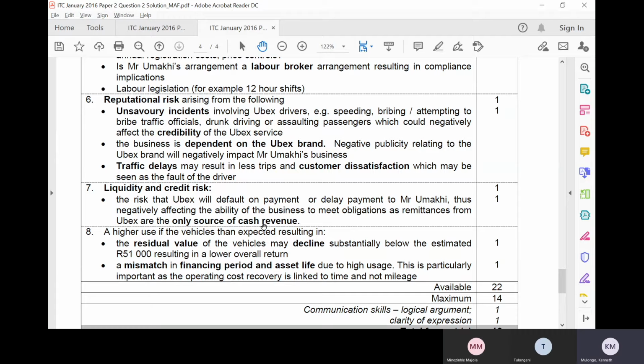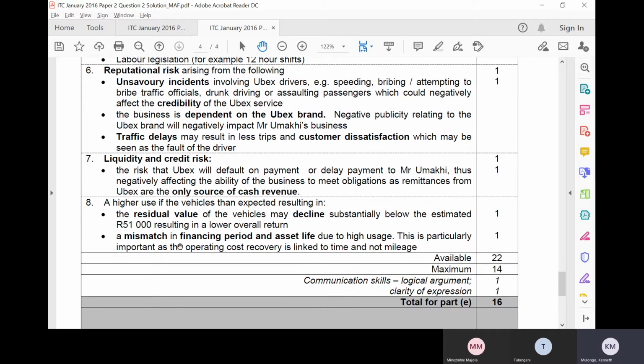If they don't have the money to pay Mr. Umaki, then he has done the service and is not going to get paid, and he can't control that because he's agreed that the money goes into their business account. If they run into liquidity issues, that's a massive risk for him as a business because he's never going to get his money back.